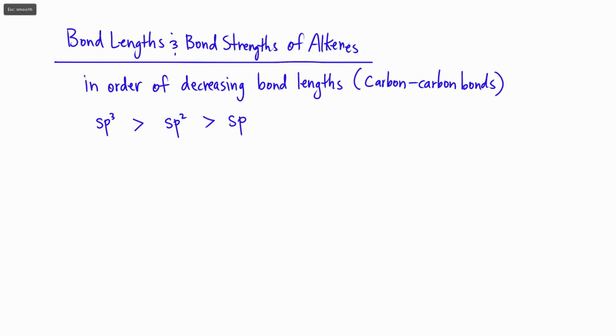Okay? Now, this is all relative to the s character that is present in the type of hybridized molecular orbital that that carbon possesses. And again, this is a review of what we did in chapter 1.